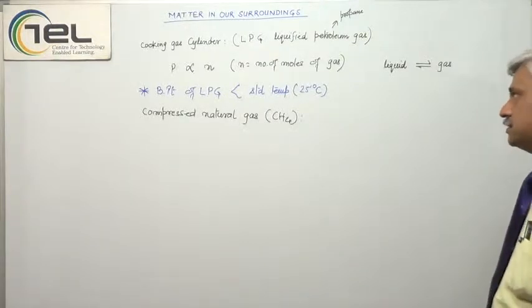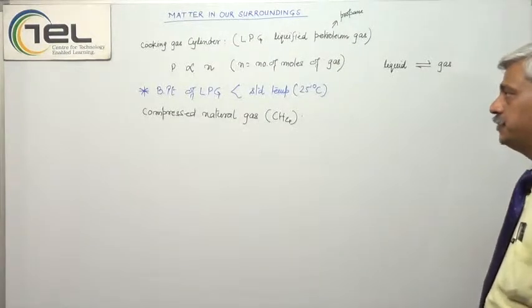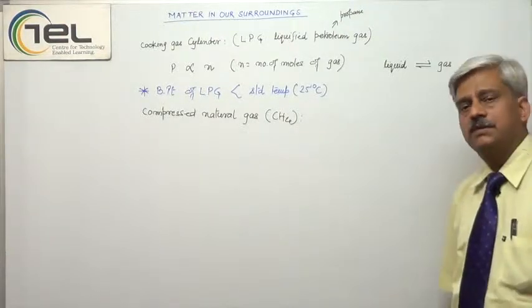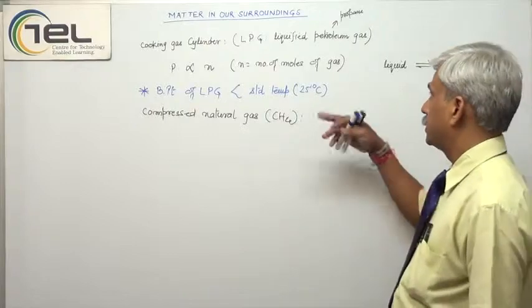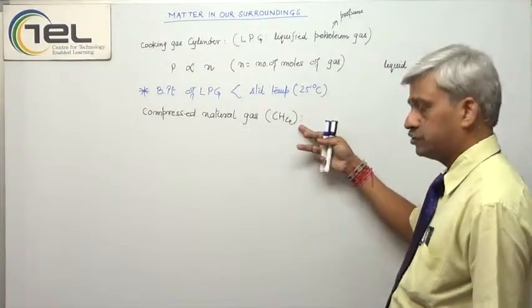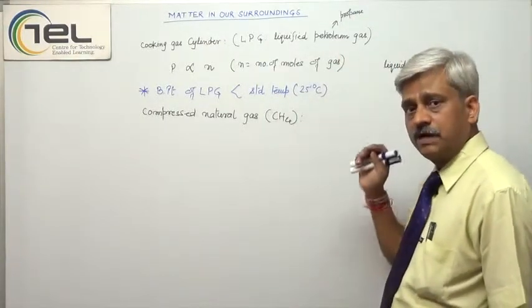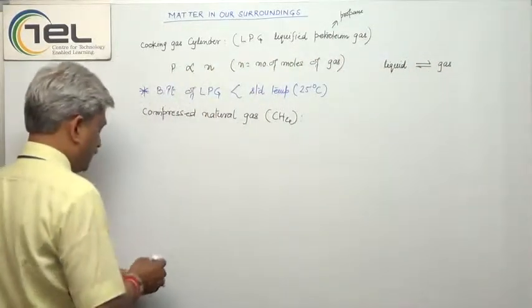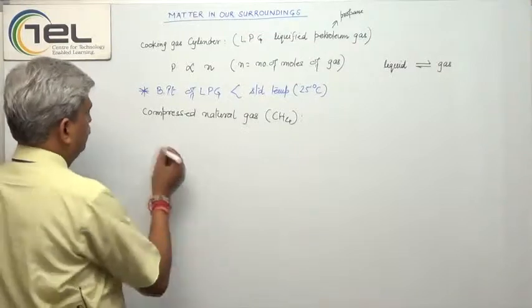In case of fuels, what property should be in common? They should be highly volatile, they should be combustible. Since this is a hydrocarbon and this is also a hydrocarbon, both of them are combustible in nature. So combustibility is the common thing in both of these cases.